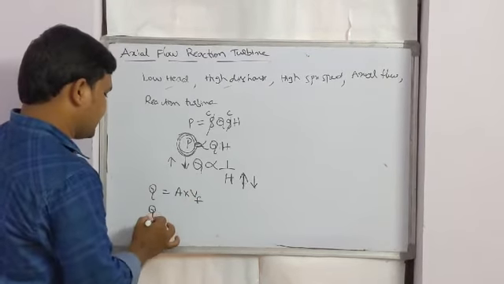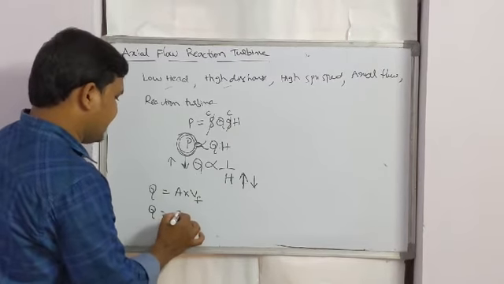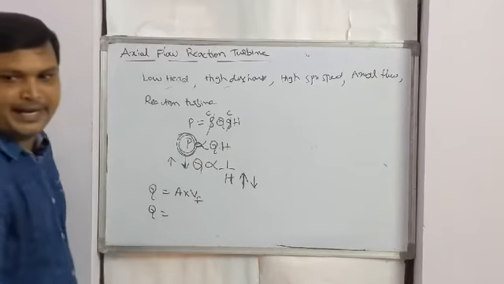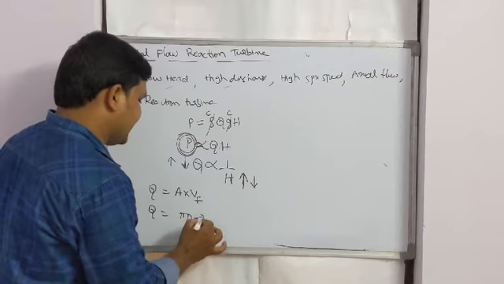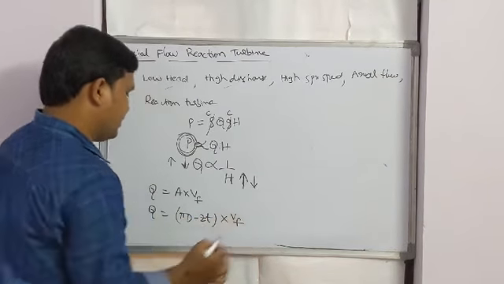As in the previous case of reaction turbines, the area is pi by 4 into (D squared minus DH squared), or pi D minus ZT, into Vf.